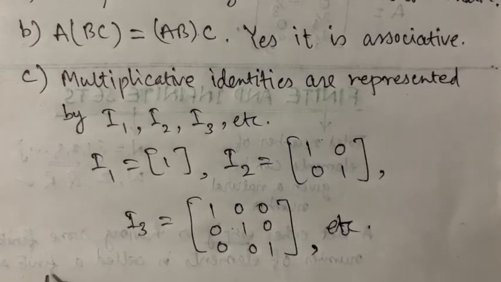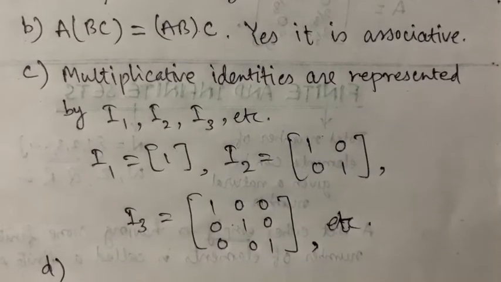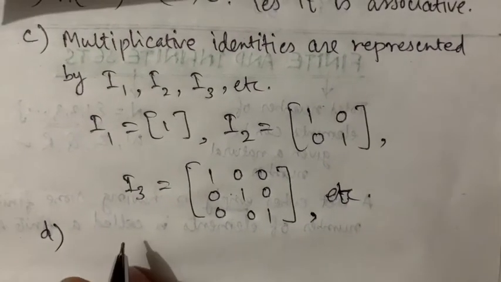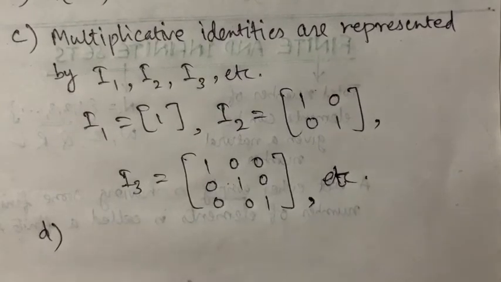Now we have property fourth, that is, does an inverse exist? Only square matrices have inverses, and that also with some additional conditions.